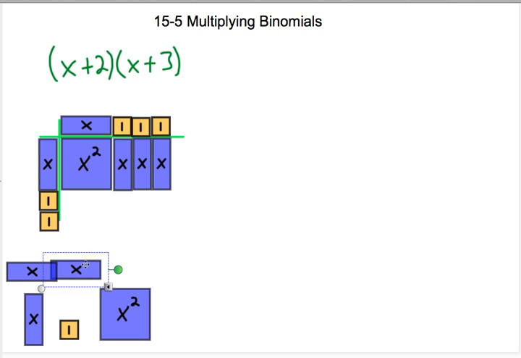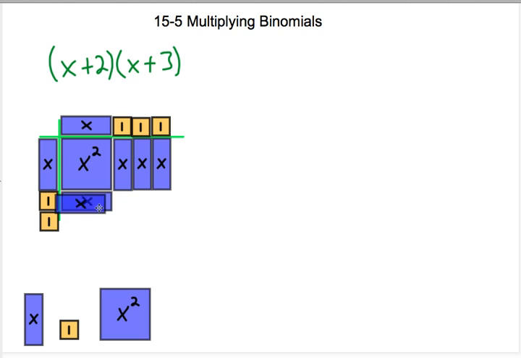So when I multiply this 1 times this x, I get x. And then this 1 times that x, I get x. And then we have a bunch of 1s. So 1 times 1, six times in all.